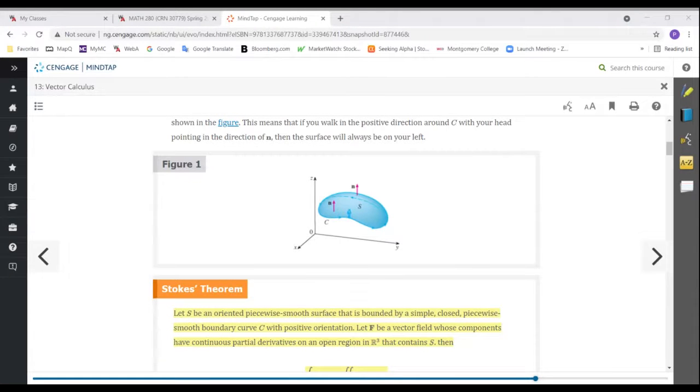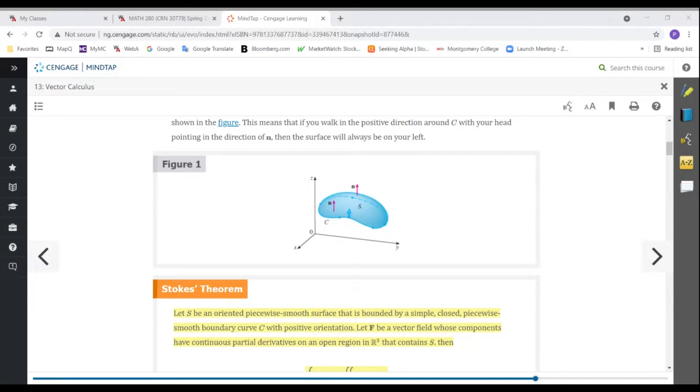He lived from 1819 to 1903. Stokes was a professor at Cambridge, and he was noted for his studies of fluid flow and light. He's one of the people associated with this theorem.